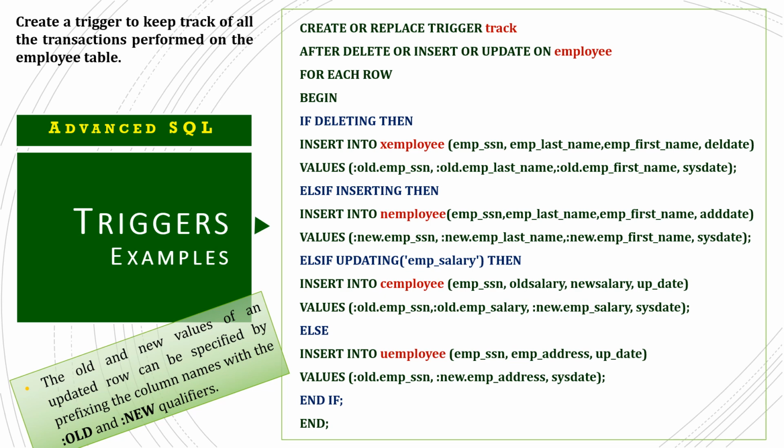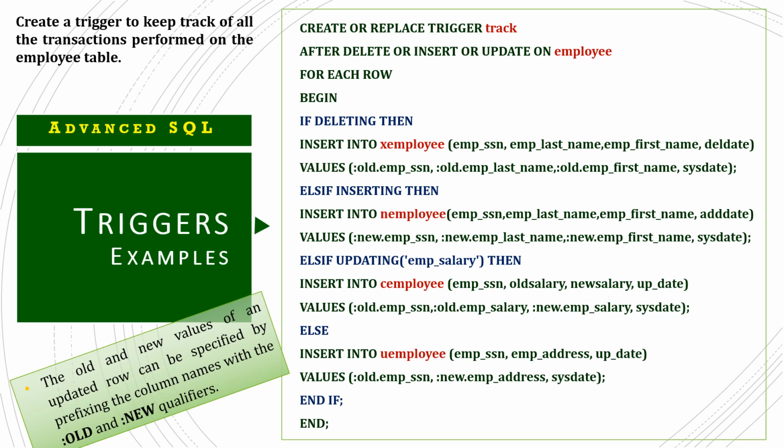So after delete or insert or update on employee for each row: if deleting, then the deleted value will be inserted into the ex-employee table. Else, if inserting, then insert the new value into the new employee table. Else, if updating the employee salary, then insert the values into the changed employee table.